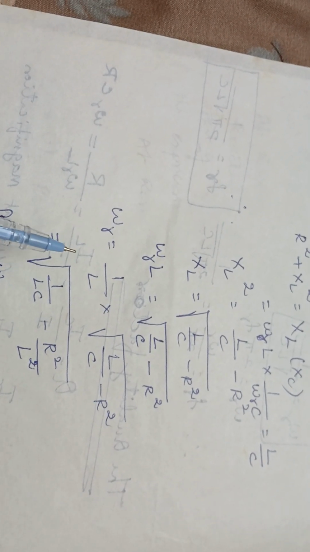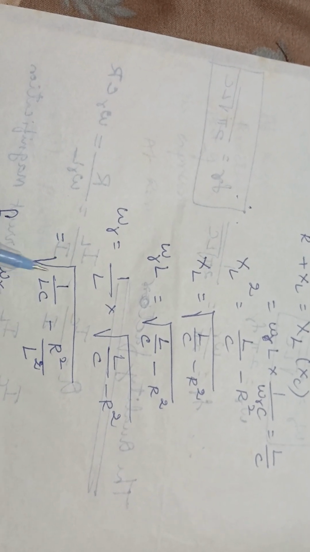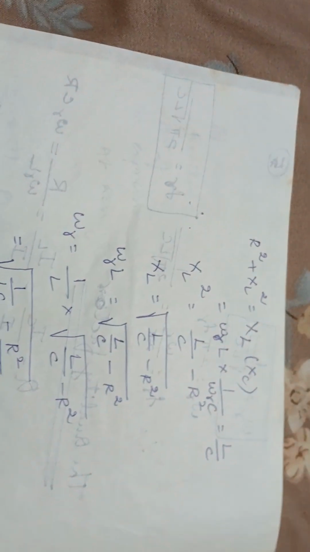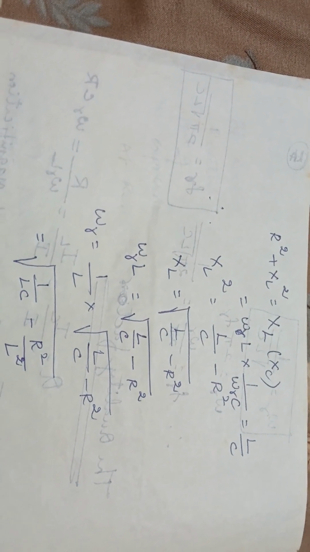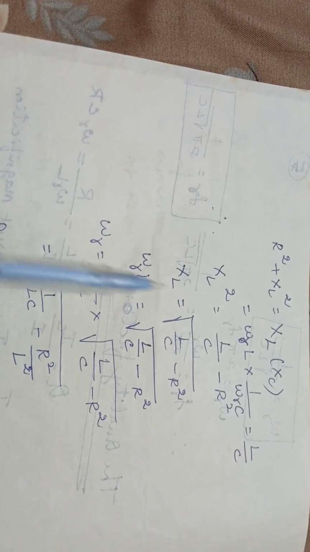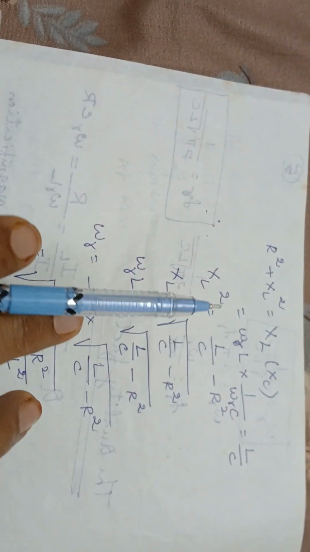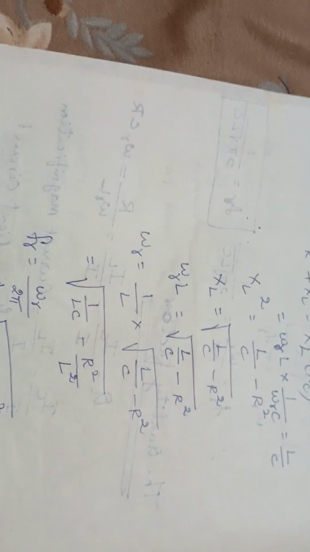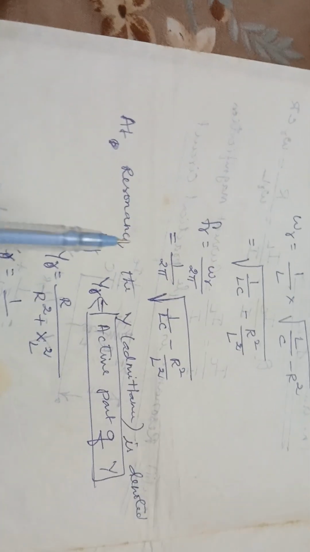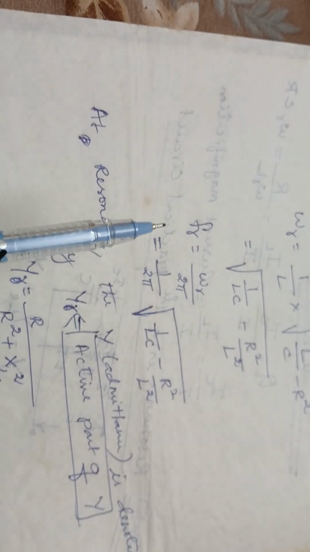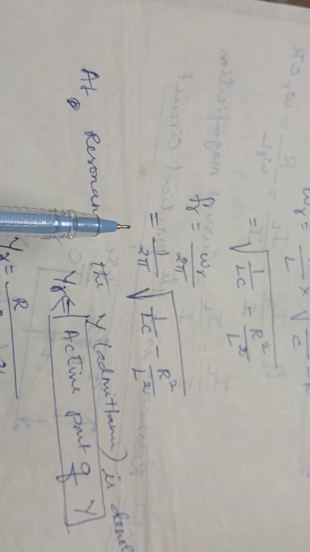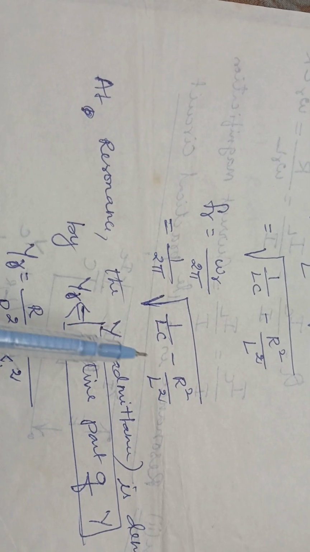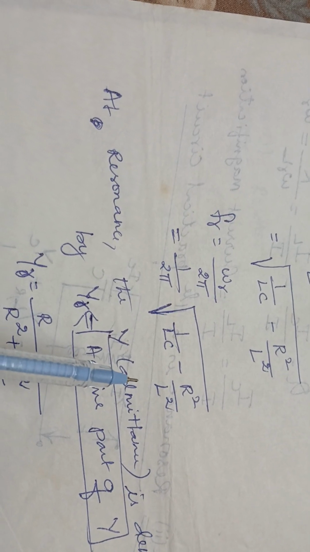So omega r is equal to root of 1 by LC minus R square by L square. The reactive part alone we take and equate to 0. After simplifying, we get the resonant frequency for this condition: Fr is equal to 1 by 2 pi root of 1 by LC minus R square by L square.